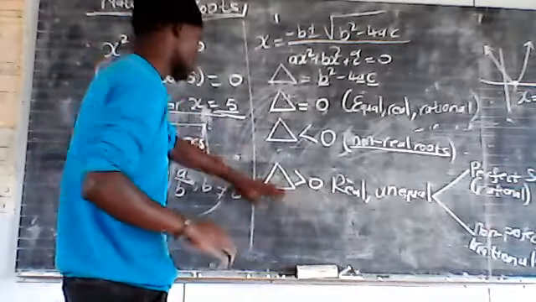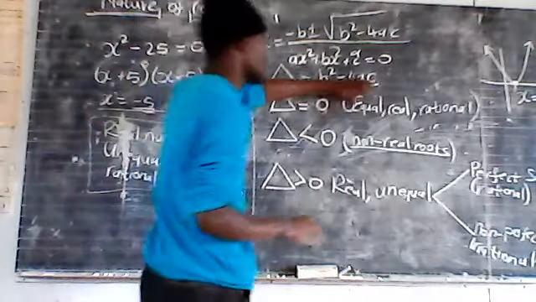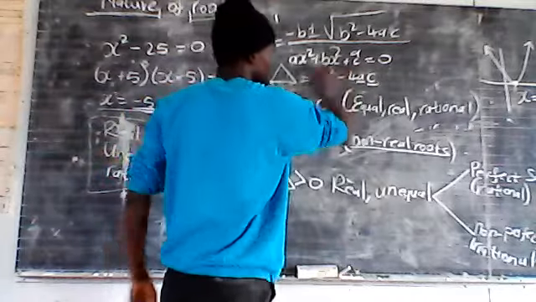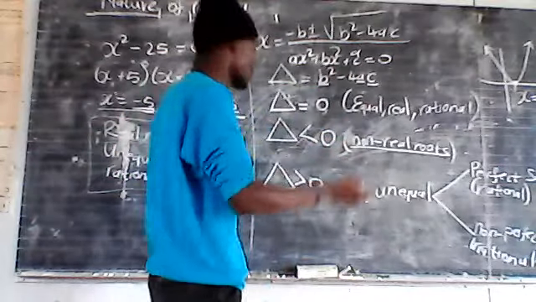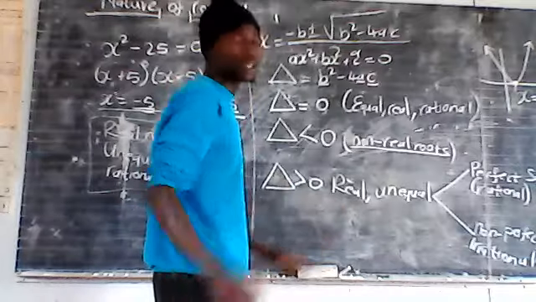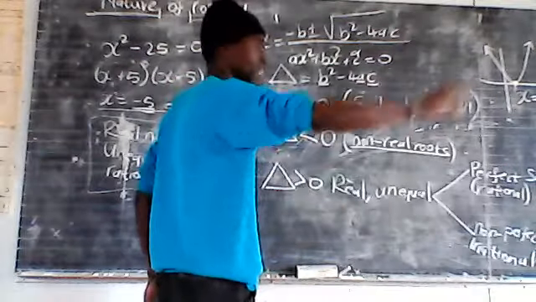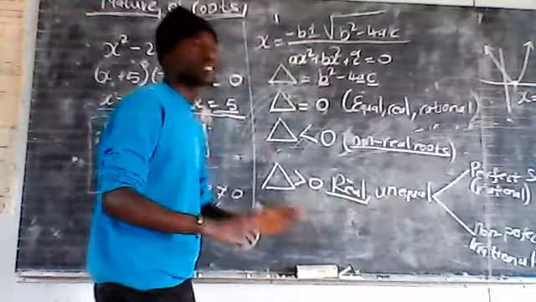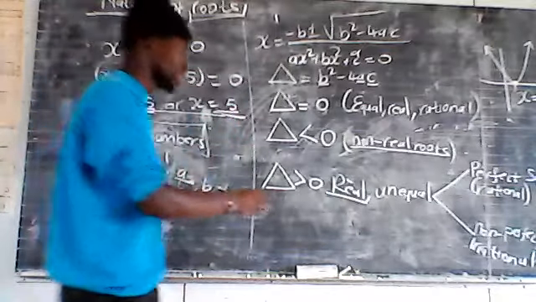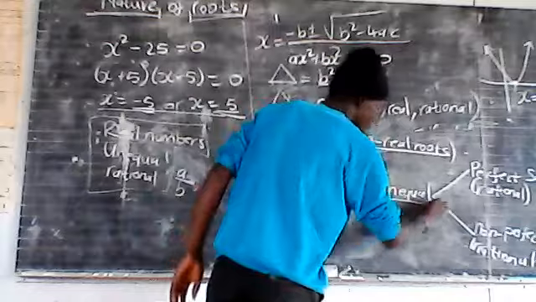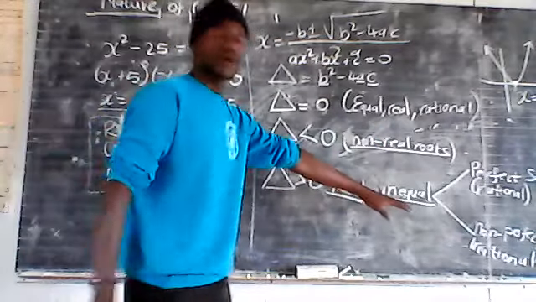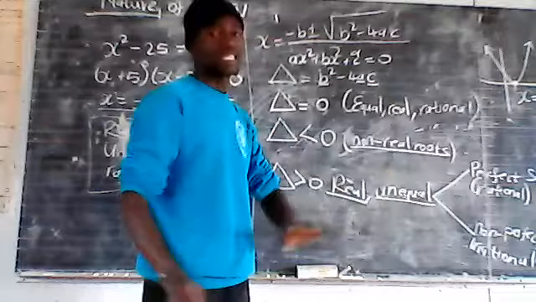through this one. We said the delta, which is b squared minus 4ac, after you substitute the values of b, a and c and get the actual value. So if it is greater than 0, you will know that in the end you will have roots that are actually real, that is your function will have real x-intercepts. You will also be able to deduce that your roots, or rather your x-intercepts, will be unequal.